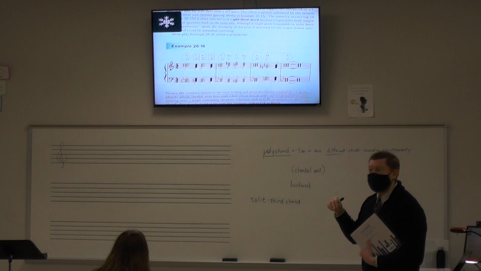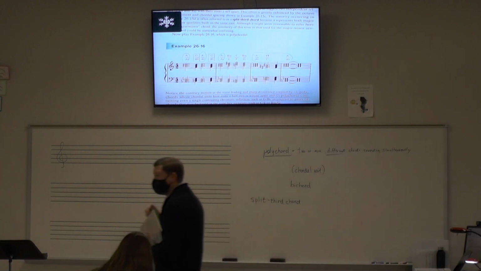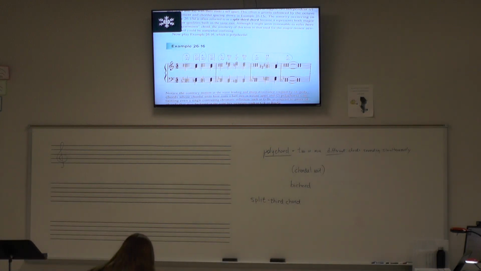They're sounding at the same time. And I play this sometimes in my office, not because I want to go crazy, but because sometimes I need to revisit this stuff before we teach. And because the spacing is kind of far apart, it's not intolerable to me. Isn't that weird?